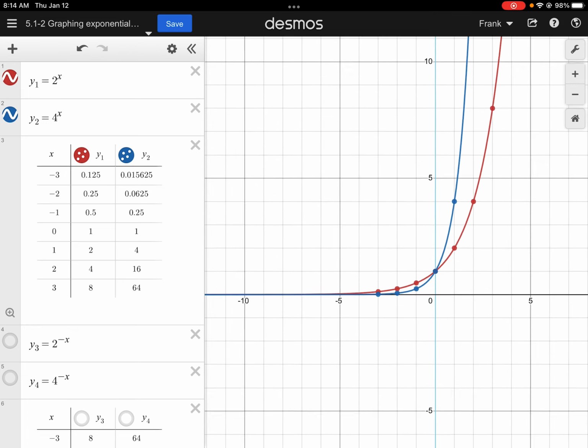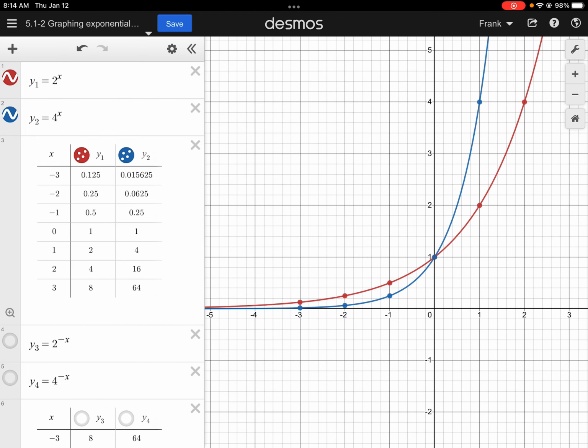But when you zoom in, you can see that to the left of the y-axis, those y values get smaller faster as you're moving to the left. And the reason is when you're plugging in negative values into an exponential function, those negative values make the value of your function a fraction.